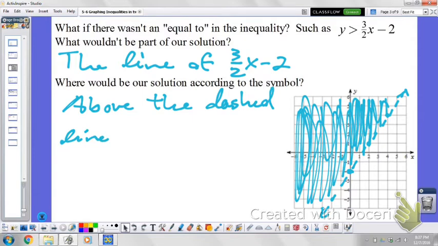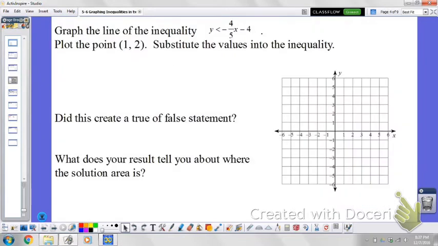So let's go ahead and get some solid notes on how to graph these inequalities. Actually, before we do that, one more thing to look at. Let's look at another inequality. y is less than negative 4/5 x minus 4. We're just going to graph the line right now. Just the line part. And since we do not have an equal to, it's just going to be dashed.